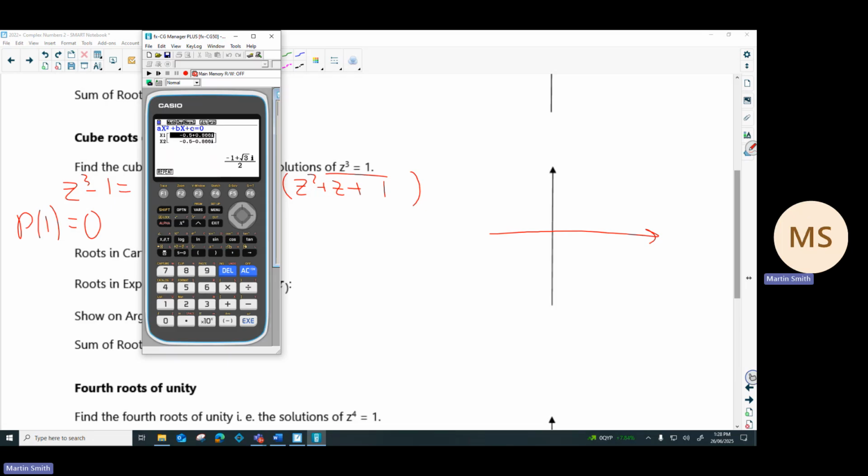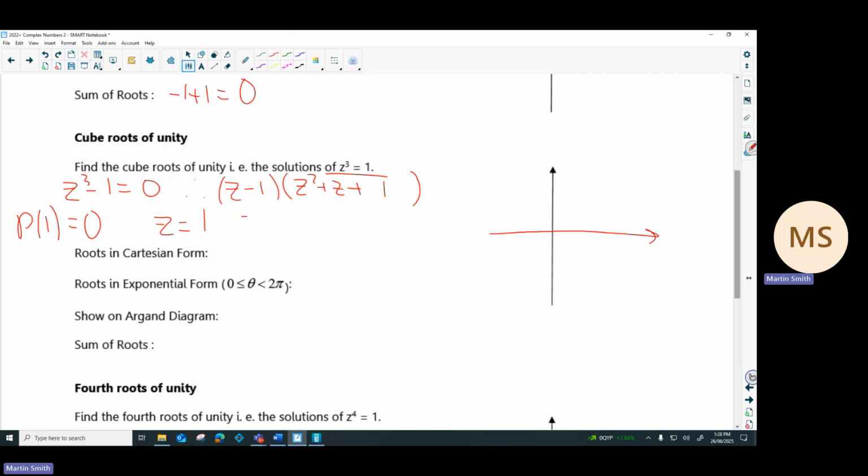So that turns out to be complex roots: minus 1 plus root 3i over 2, and then the other one is minus 1 minus root 3i over 2. So I'm going to write down z is 1, and the other roots could be written as z is minus a half plus or minus root 3 over 2 i.